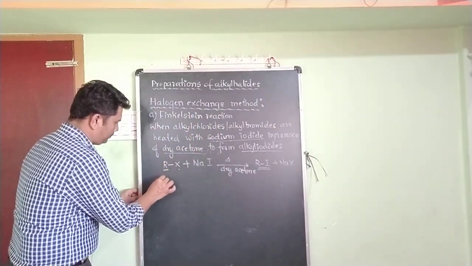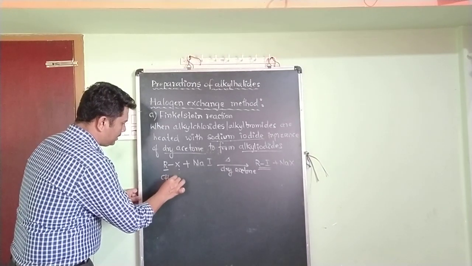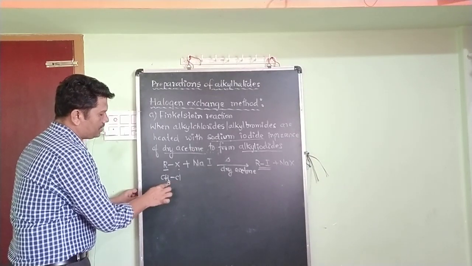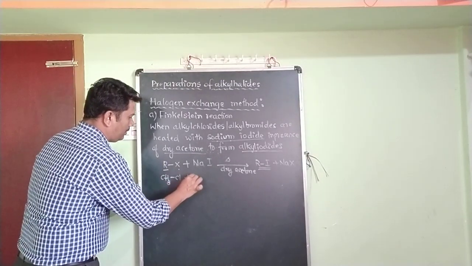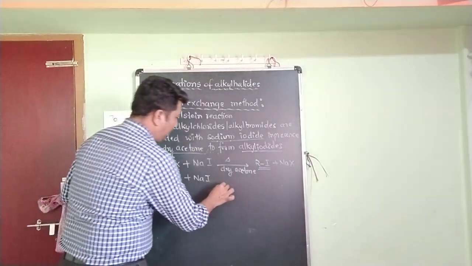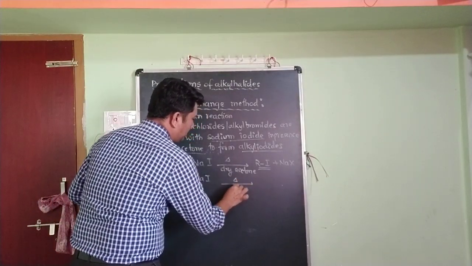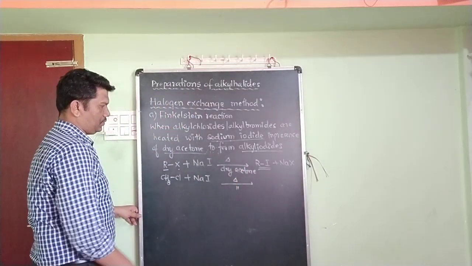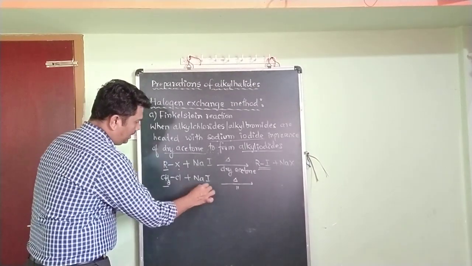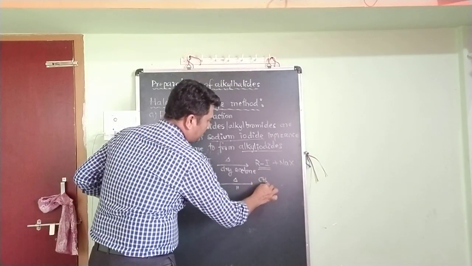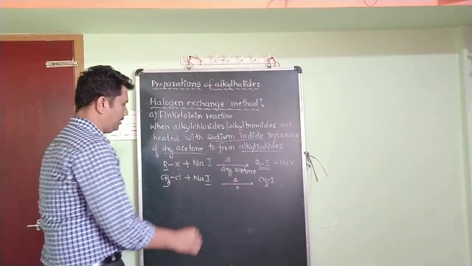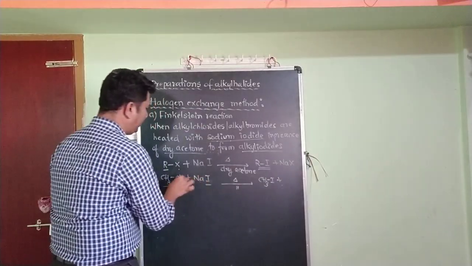You take one example, CH3Cl, this is alkyl chloride, that is methyl chloride. When it is heated with sodium iodide in presence of dry acetone, it forms alkyl iodide, that is CH3I, methyl iodide, plus NaCl.